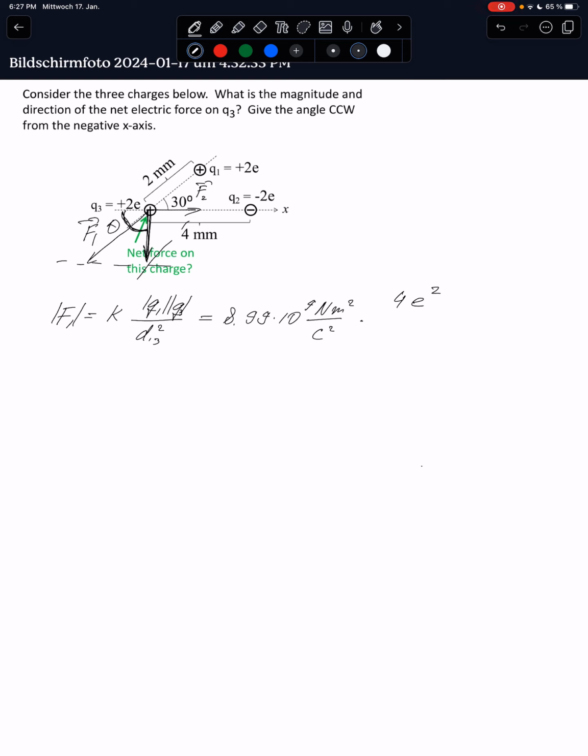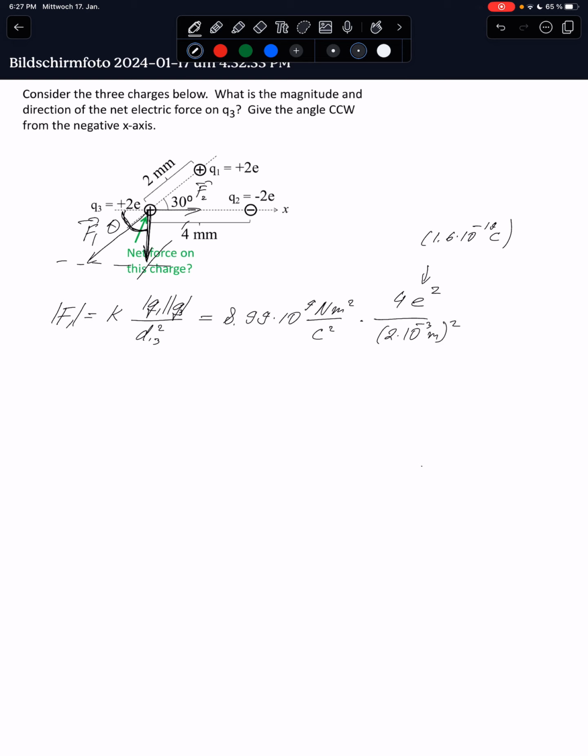We also know what e is, so instead of e, I will substitute 1.6 times 10 to the negative 19 Coulomb. Now this is divided by the distance between them. The distance is 2 millimeters. We have to use SI units, and this is 2 times 10 to the negative 3 meters, squared.